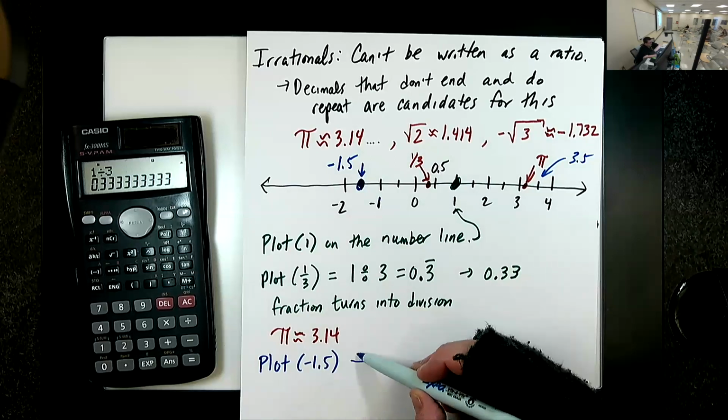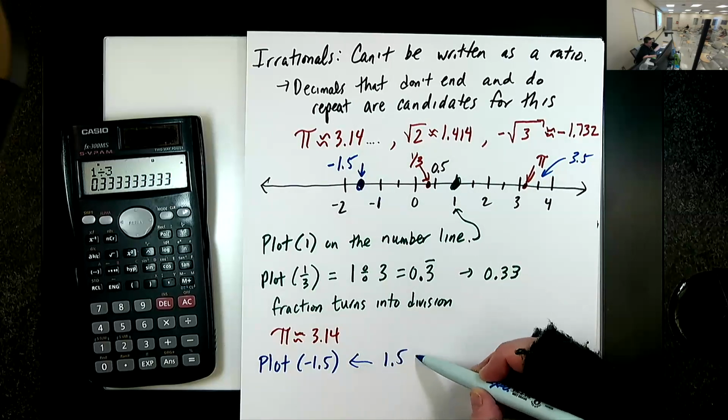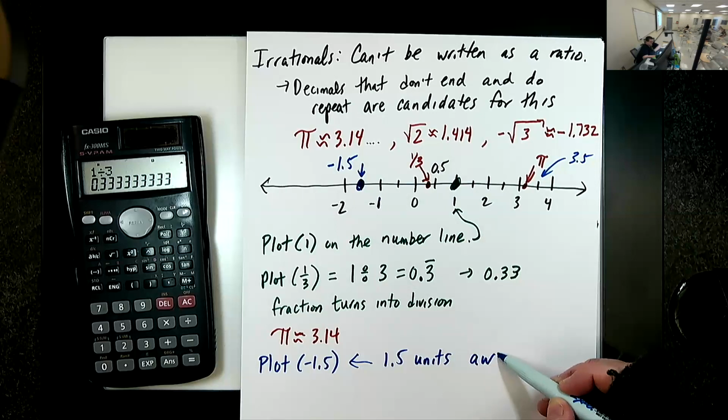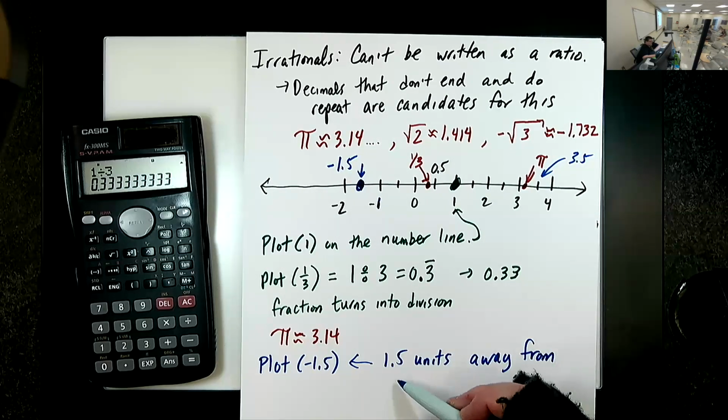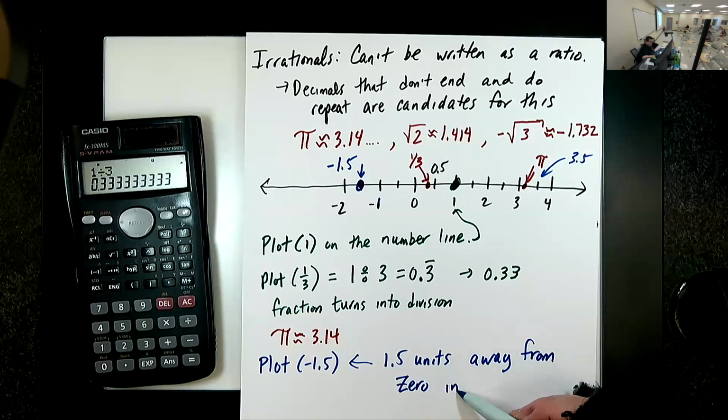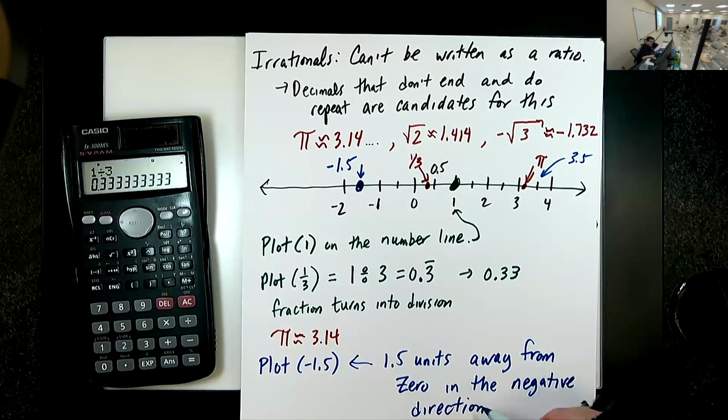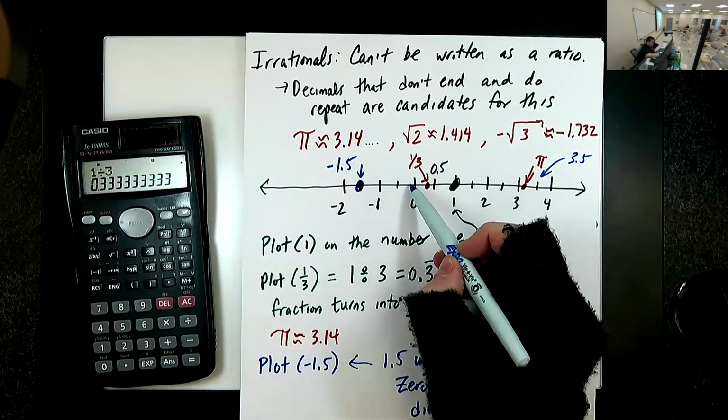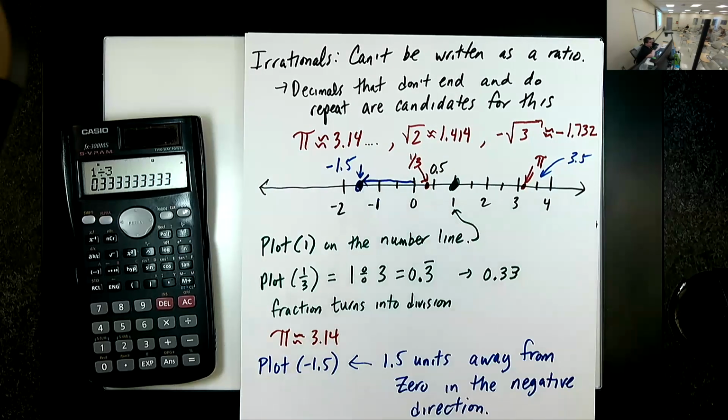Another way of looking at this is it is 1.5 units away from 0 in the negative direction. So I had to go 1.5 that way.